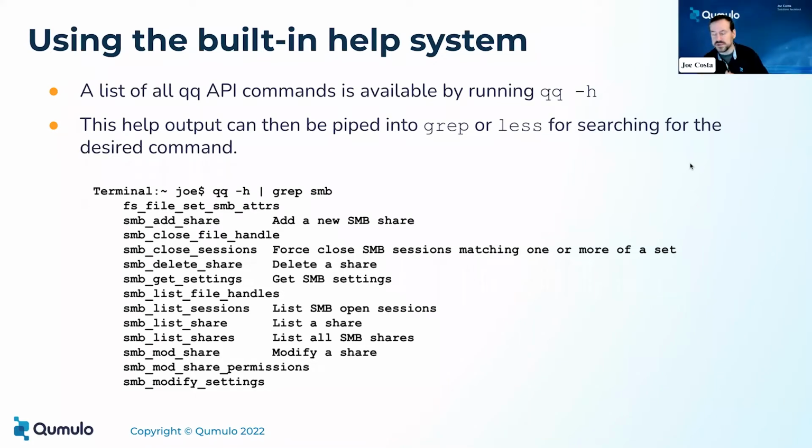Totally, perfect question. So QQ is a tool that allows you to interact with the Qumulo API to get information about data in your cluster, to change feature sets, to change features, pull analytics from the cluster, pull information about your users. Very good question. I guess I should have explained that right at the start.